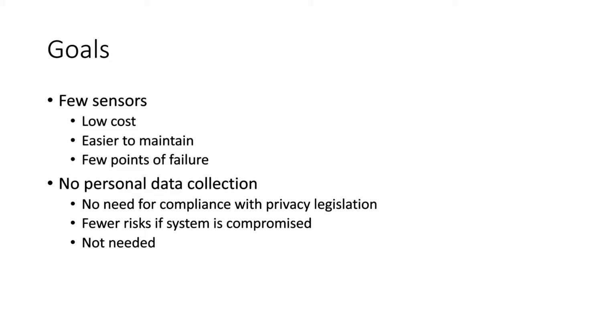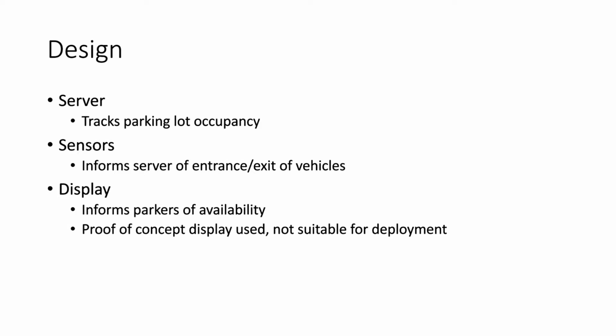The worst case scenario for this system being compromised is it shows that the parking lot has spaces when it doesn't, and so people waste 5 or 6 minutes of their day driving around a parking lot. You also don't need to collect any data. I don't really see a reason to use a whole camera for this. To use a security camera to track the occupancy of the parking lot, you don't really need an image of everything. This system is, I think, much simpler and much cleaner.